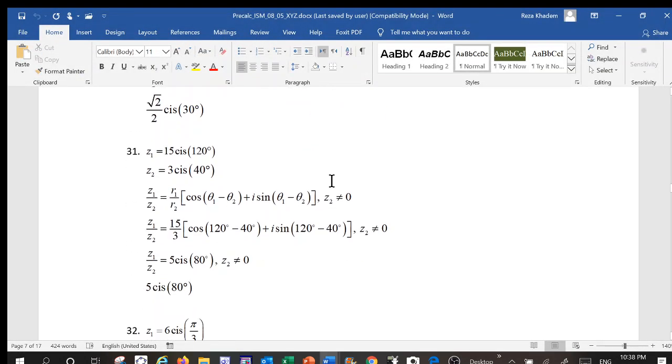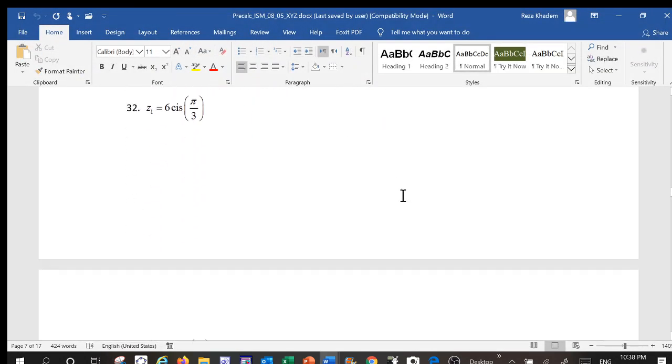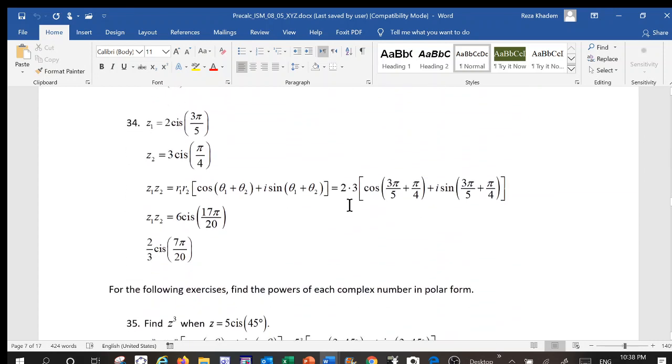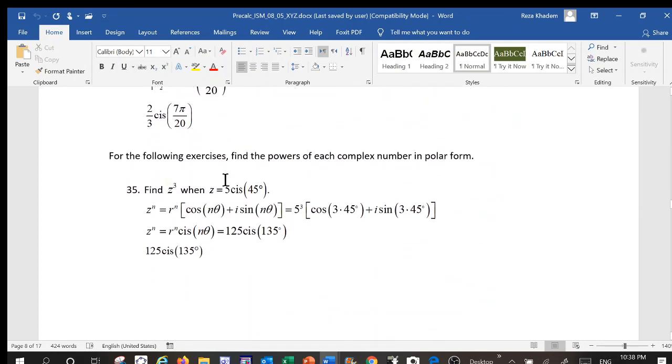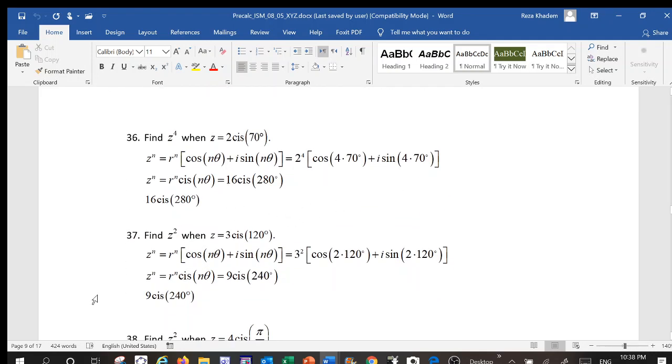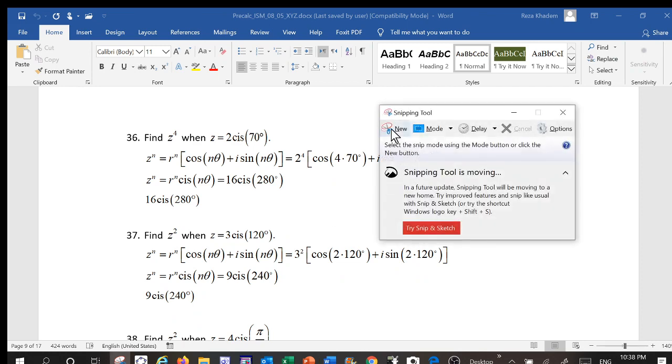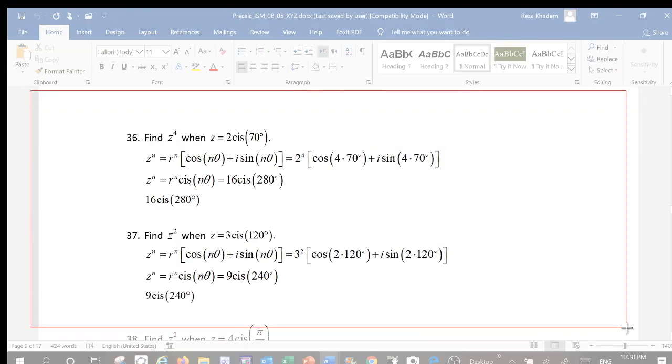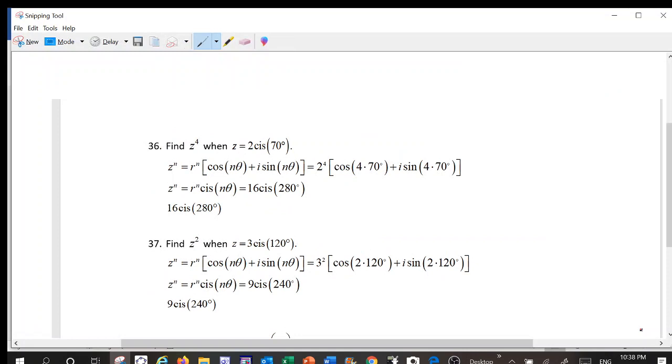Okay. And let's see. So for the following exercise, find the powers of each complex number. Now, to do the powers, let's do an even one. There you go. So doing this one, we see that n is 4.